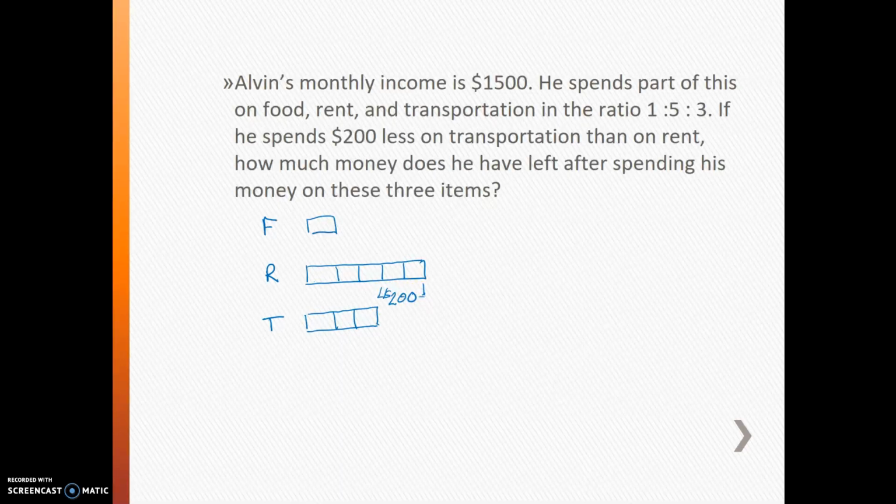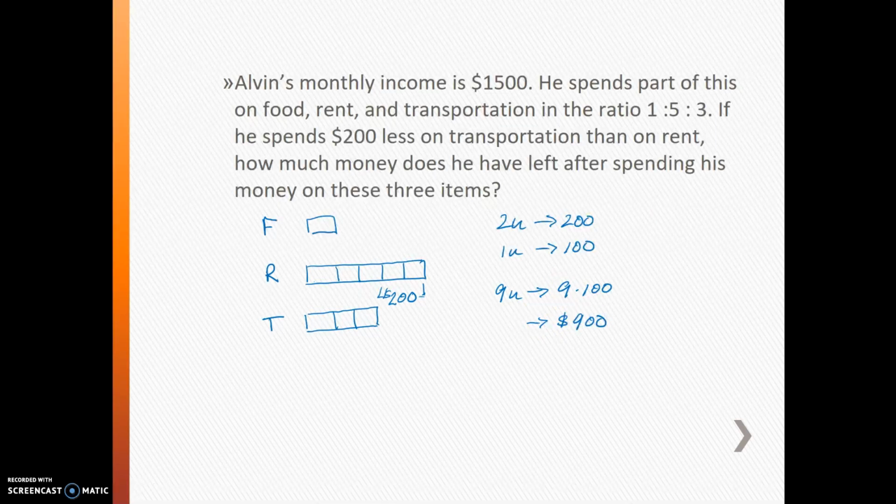So we want to know how much money he has left after spending his money. Well, let's first find out how much he spends. Okay, so if 2 units equals $200, 1 unit is going to equal $100, and Alvin is spending 9 units, which is going to be 9 times 100, which is going to equal $900.